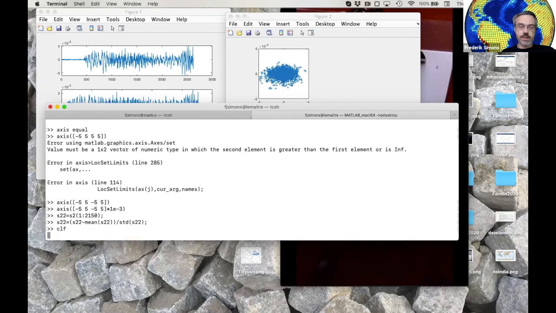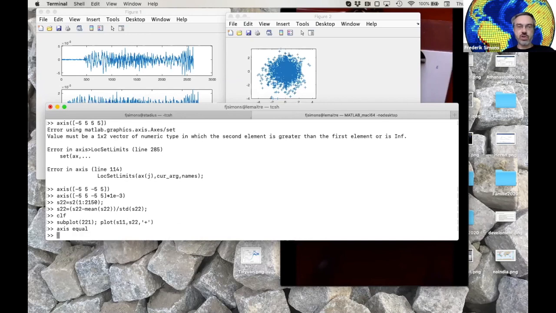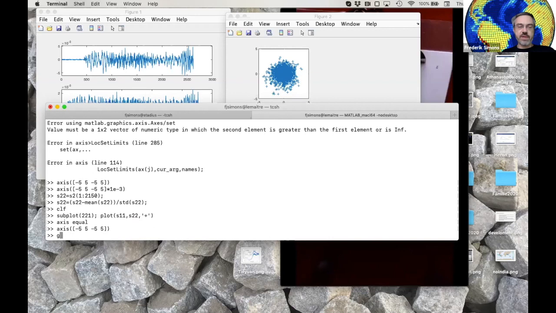I'll begin with the query. I'll plot it. And I'm going to plot S22 versus S11. Now I'm going to say axis equal to make sure that if it's square, I have it square. And now I'm going to say my axis to -5 to 5, and I'll do my grid on.